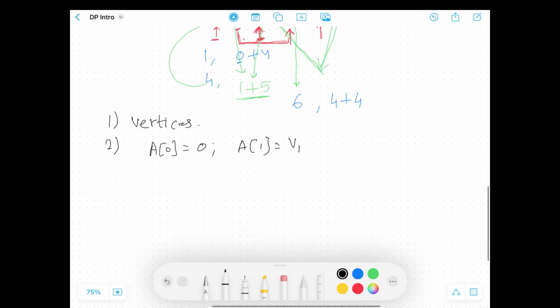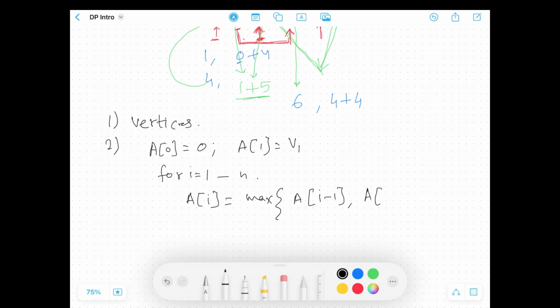Okay, after that we do a for loop from 1 to n, and at every index what we did is, either we picked the index which was 1 less than i, so the maximum of i minus 1, or we picked the value at index i minus 2 plus the weight of the current vertex, and that created our recurrence.